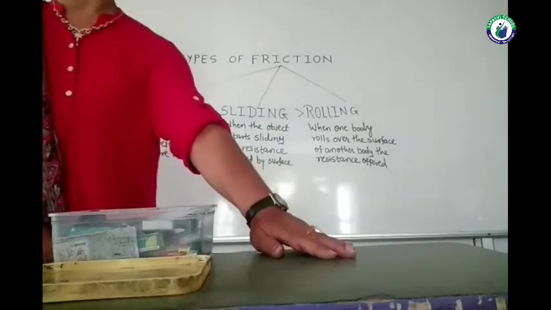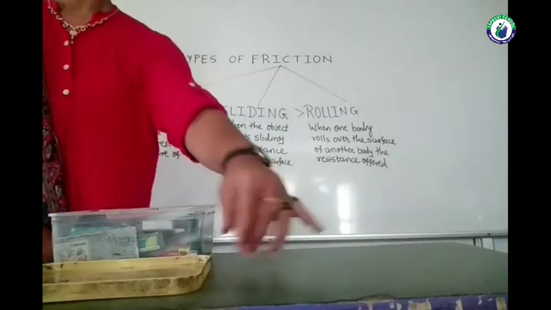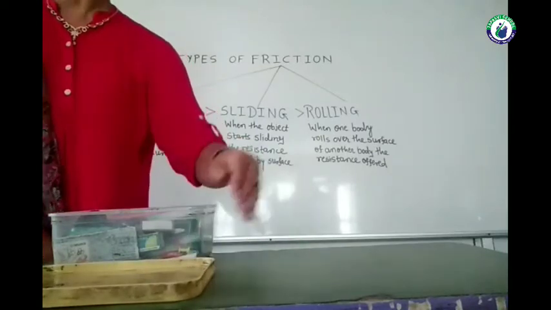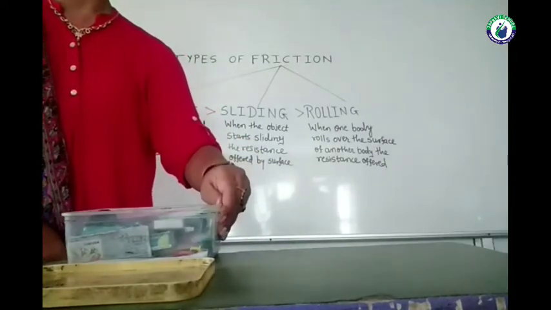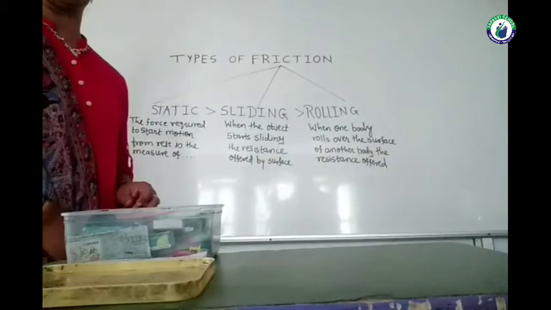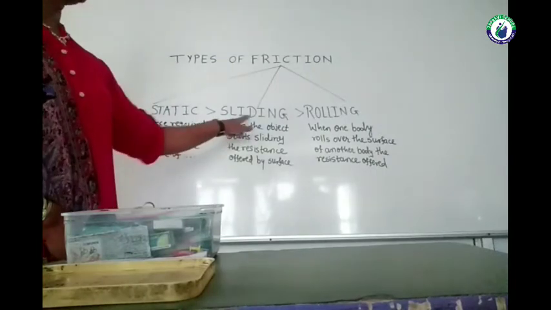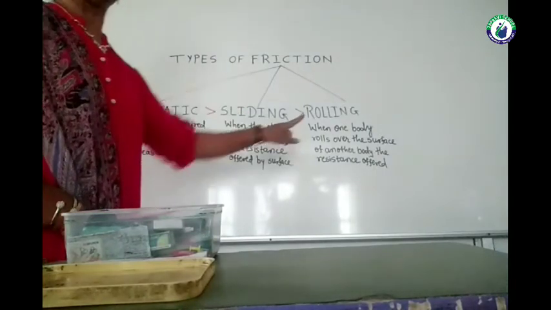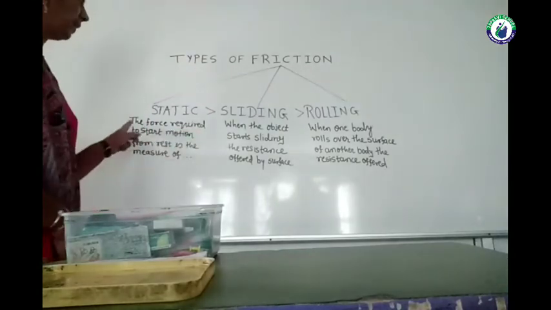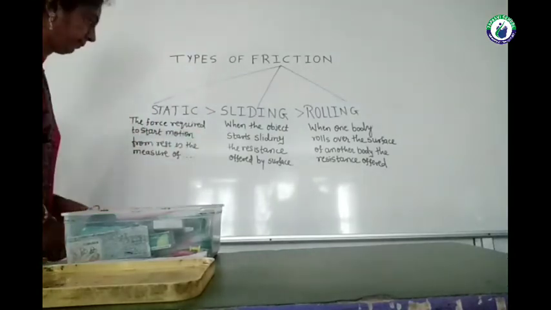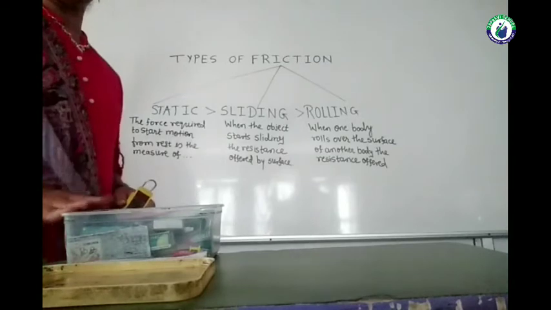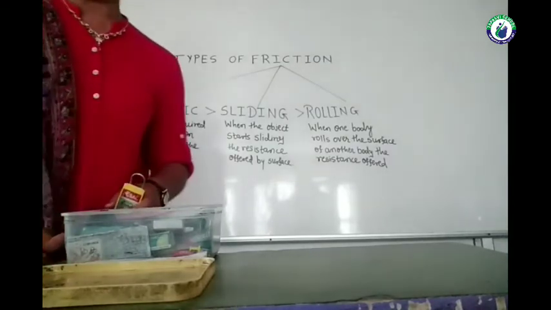Just now we have this surface, and two objects, this lead and this box, are kept on it. They are not sliding, they are not rolling. That means just now they have static friction. These objects are at rest on this surface.